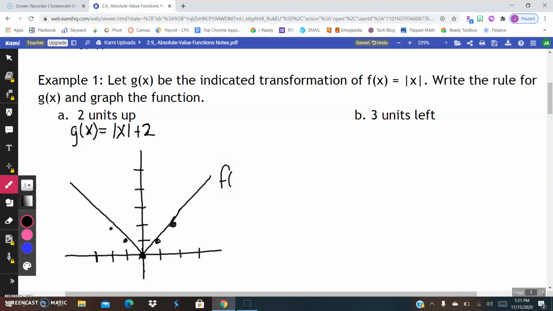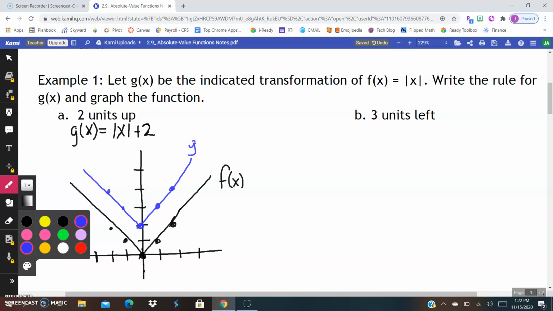And that will be called f of x. And then for g of x, we're sliding that up 2. So we're just going to take those points and move them all up 2 spots. That's our g of x.